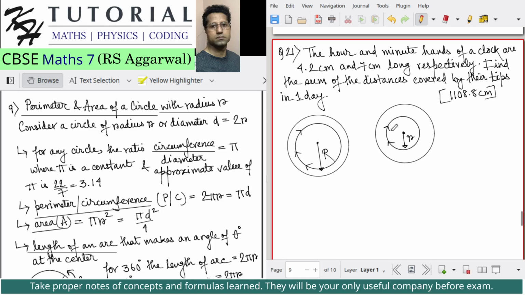And how much time does it take to complete one full rotation? Since it's a minute hand, it will take 1 hour, because 60 minutes is equal to 1 hour, and after 60 minutes it will complete one rotation.